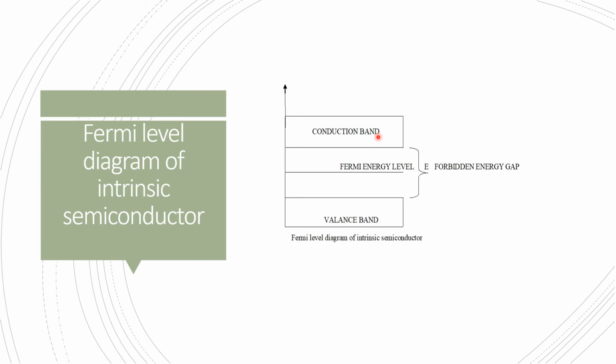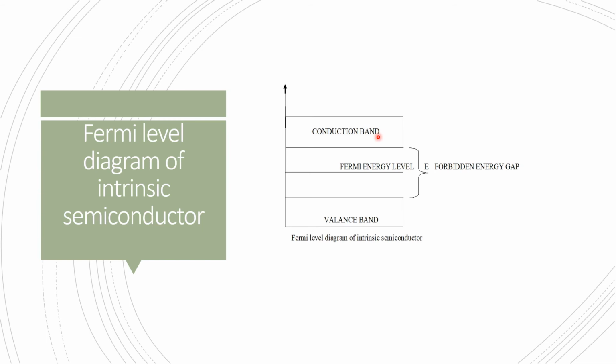First of all, we'll define what is the Fermi energy level. We have seen earlier in an earlier video, it is the term which is used to describe the top of the collection of electron energy levels at absolute 0 temperature.